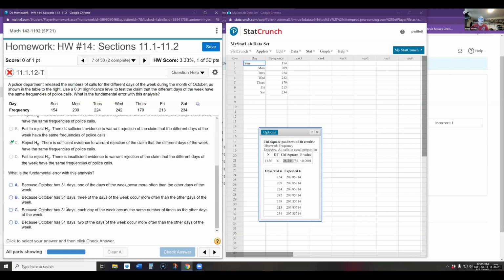So that's what they're going to talk about here. Because October has 31 days, 3 of the days of the week occur more often than the other days. That's a fundamental error by taking 1 month instead of taking a set number of weeks.